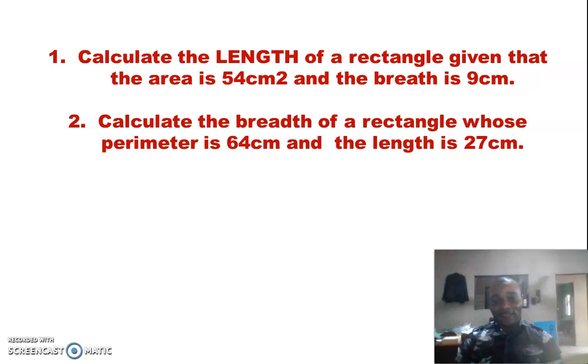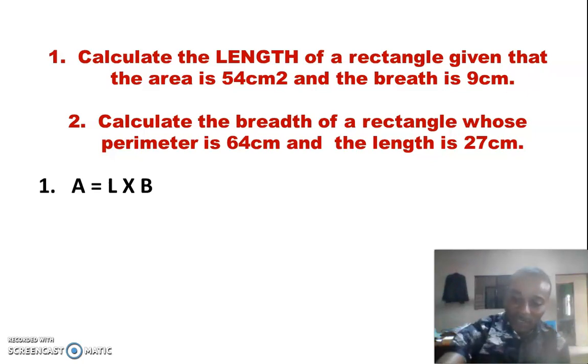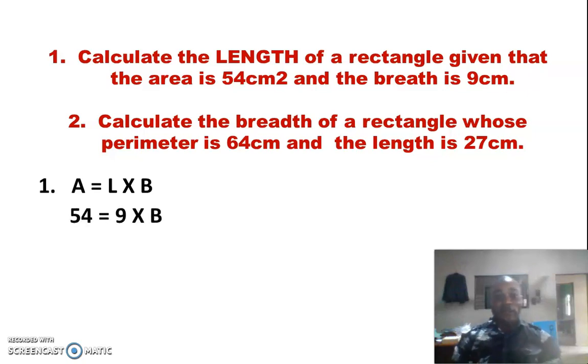Calculate the length given that the area is 54 centimeters square and the breadth is 9 centimeters. Now remember that the area of a rectangle is length times breadth. The area is 54 centimeters square equals to the length is unknown and the breadth is 9 centimeters.